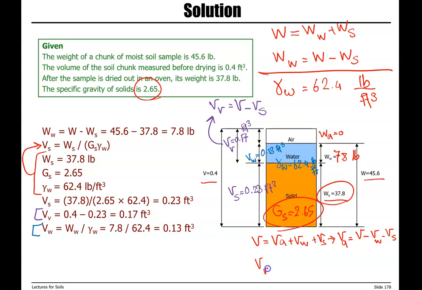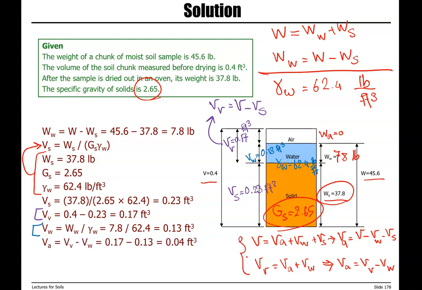We also know volume of void. Void is volume of air plus volume of water. So from here, you can calculate volume of air as volume of void minus volume of water. Here I used this formula, but you can use the first one too. It should give you the same number. And then we have volume of air as 0.04 cubic feet.